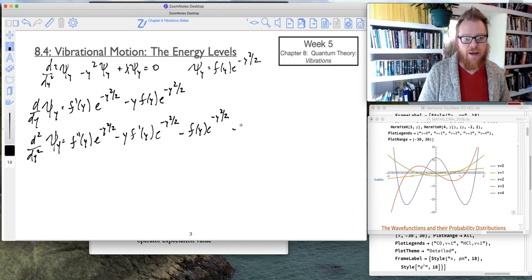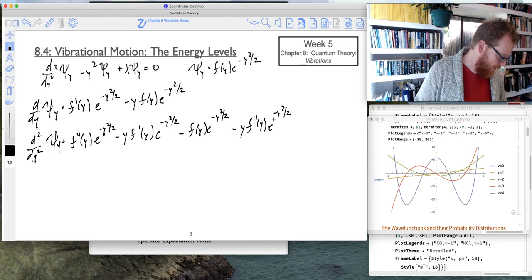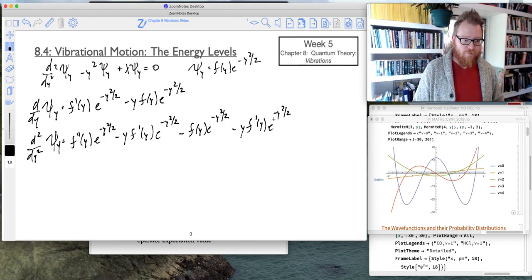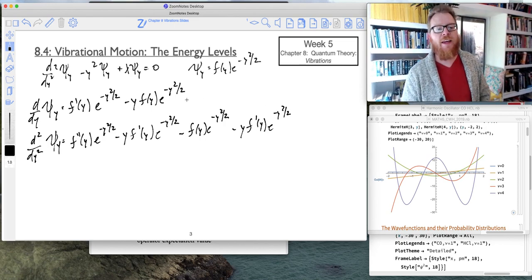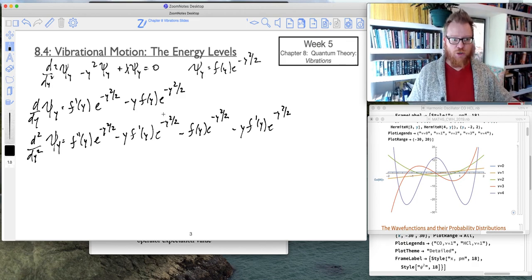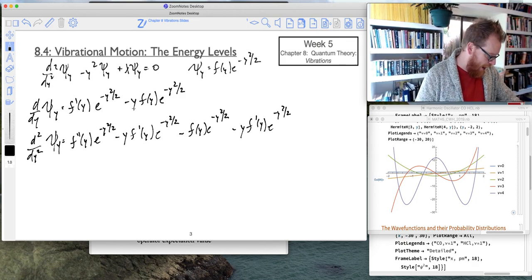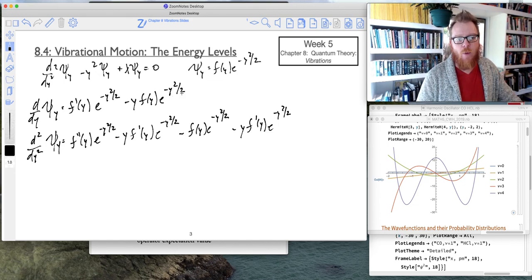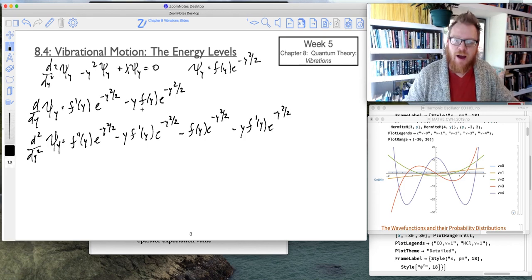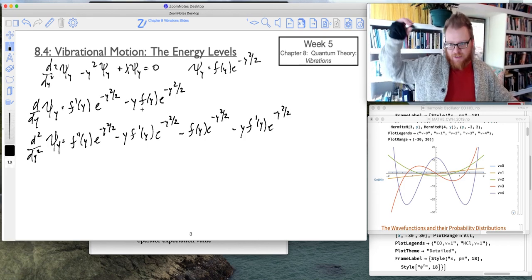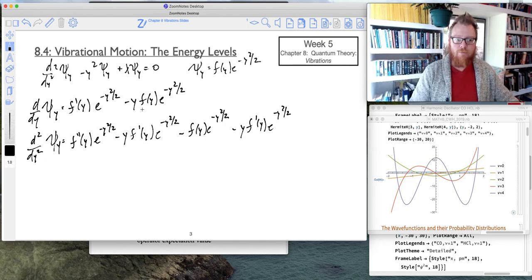So that's going to be negative y times f prime of y times e to the negative y squared divided by 2. And then finally, I have to do the derivative of the exponential. And so keep in mind, I've already got a minus y there. And so the derivative of this e to the negative y squared divided by 2 is negative 2y divided by 2 times e to the negative y squared divided by 2.